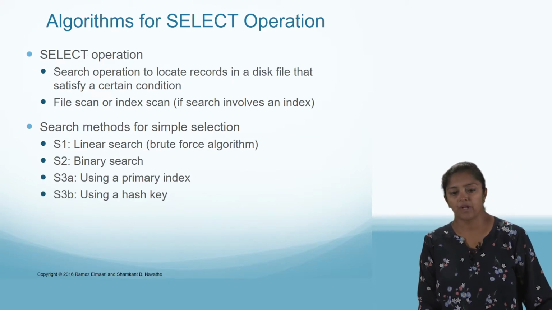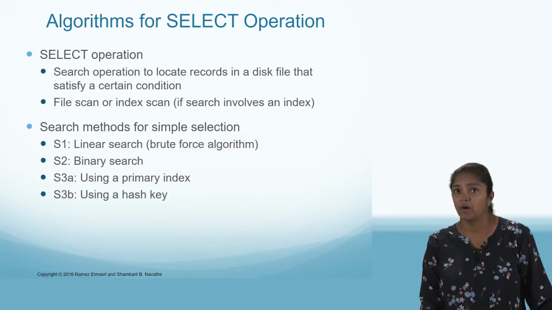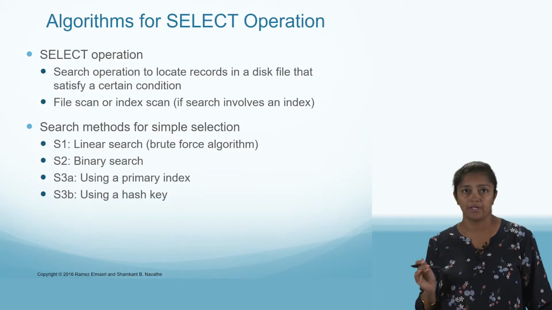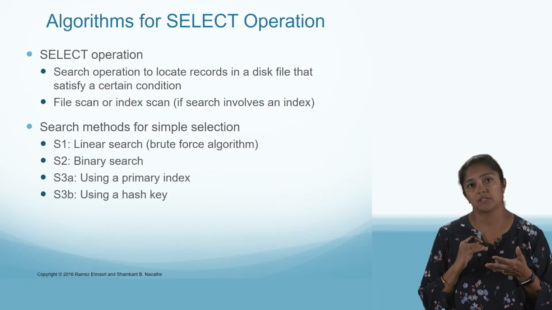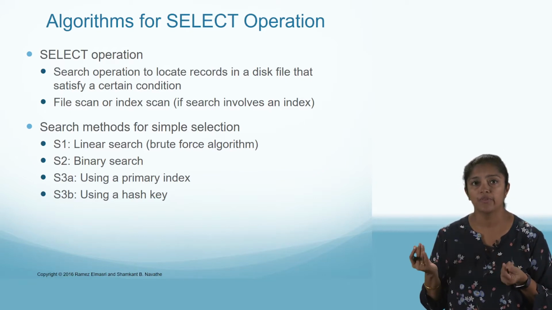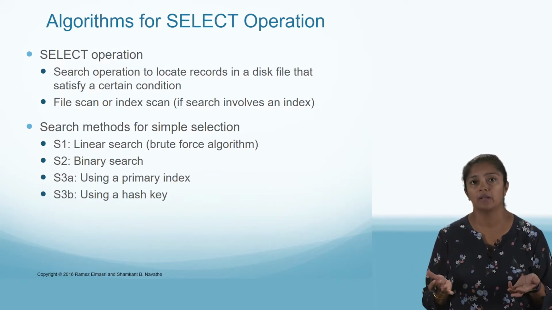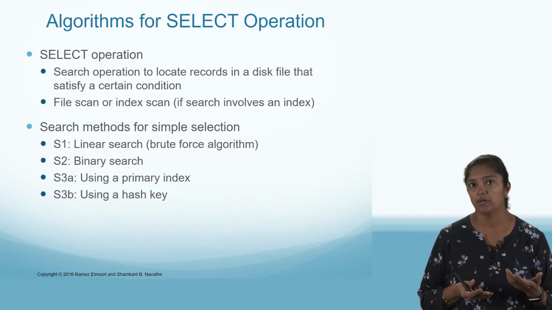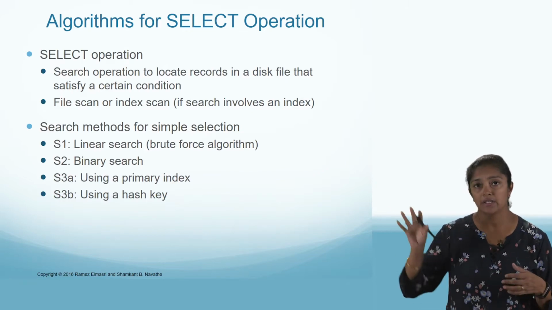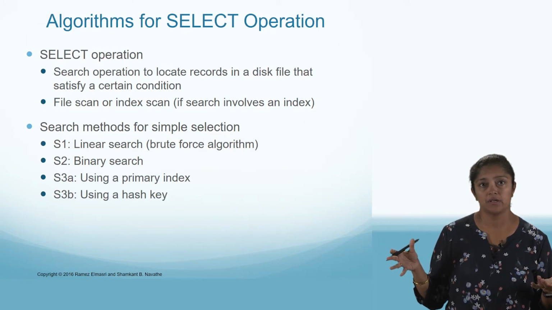So the query processing now needs algorithms for the different operations. So there's select operation, there's project, there's join operations. So for each of them, it then needs algorithms to handle those operations. So basically, search operation, what it involves is locating records in the disk file, and then they have to satisfy a certain condition.